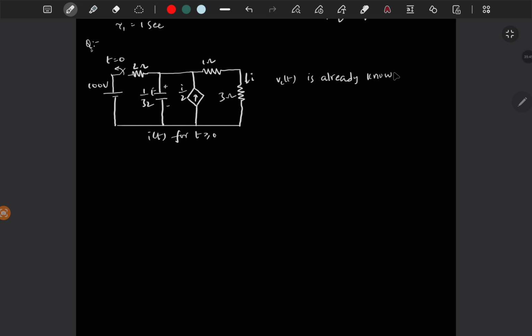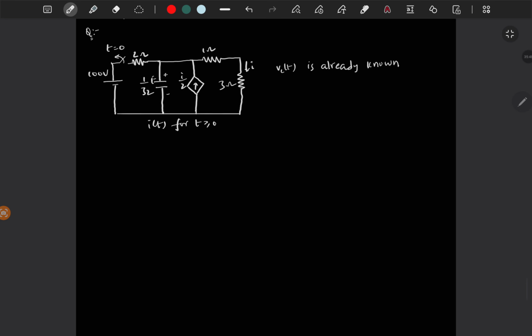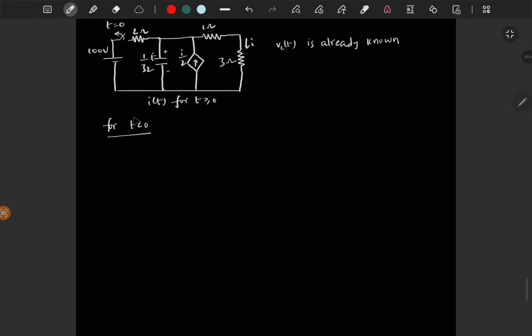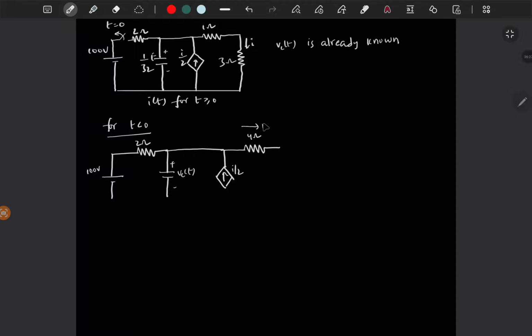So for t less than 0, we have 100 volt, 2 ohms, VC of t, I by 2, 4 ohms I, and you have to find I of t.